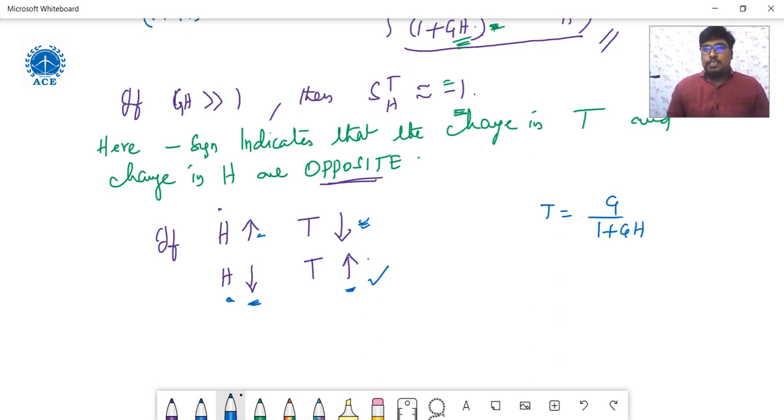If this one increases, then this one decreases, right? So we should not make any changes in the feedback. Any changes in the feedback will affect the system output, then the system leads to instability. This is okay. So major part.